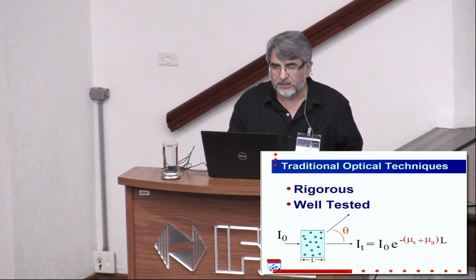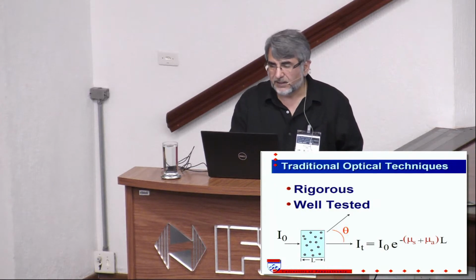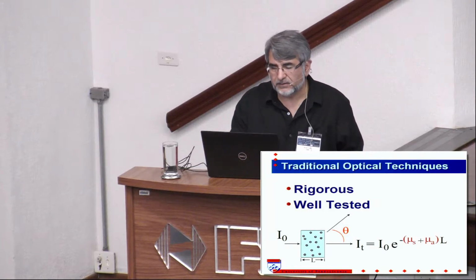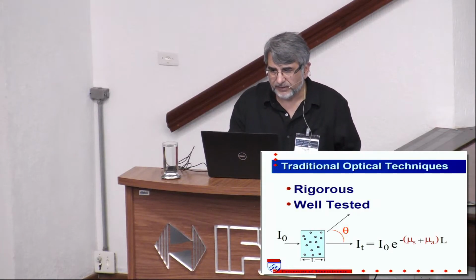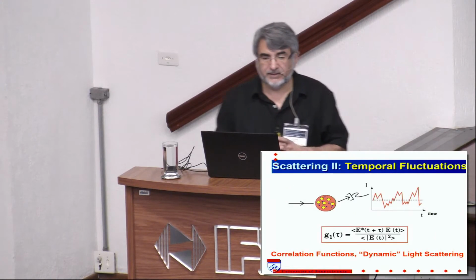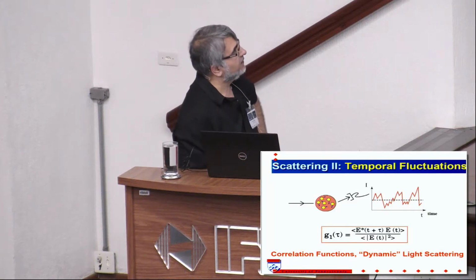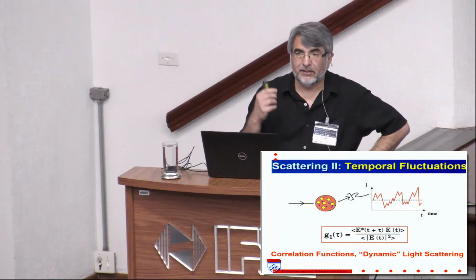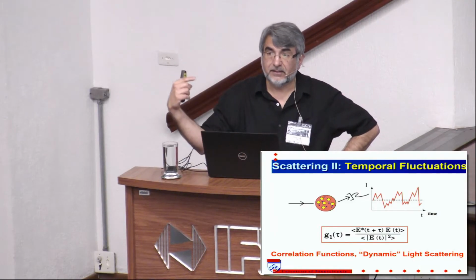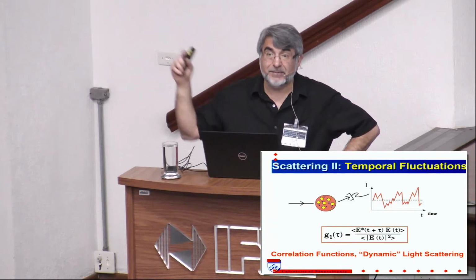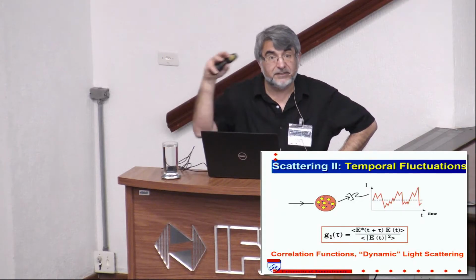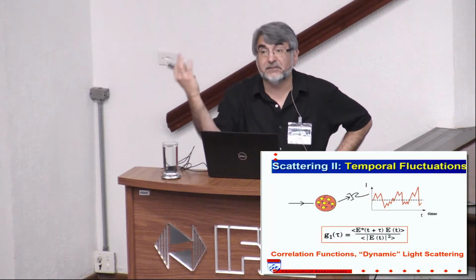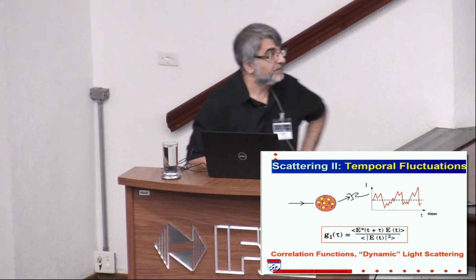Okay, so I wanted to mention one other thing in the single scattering regime, which I'll be talking about a lot tomorrow in the multiple scattering regime, but not so much today. And that is that instead of looking at the intensity of the scattered light, you can look at the fluctuations in time of the intensity, or of the field, or for that matter the fluctuations in space of the intensity.